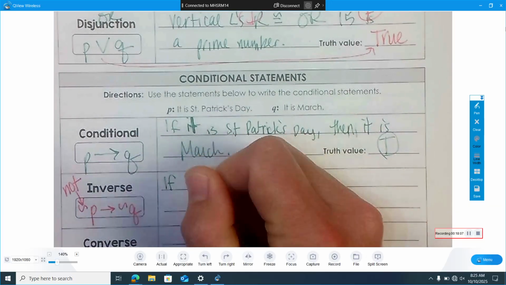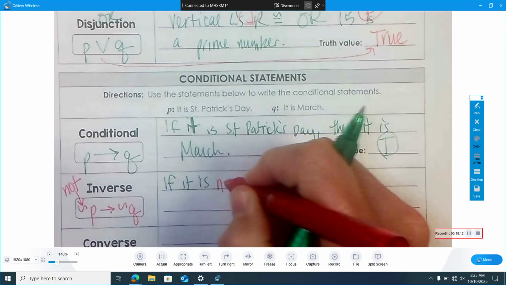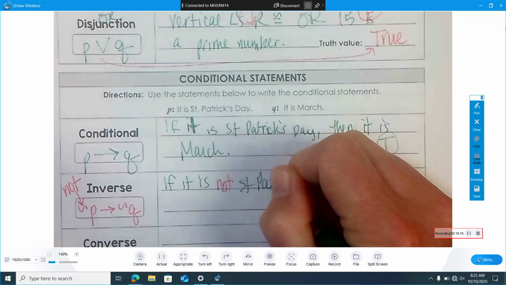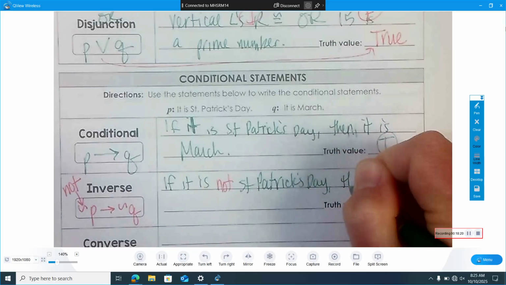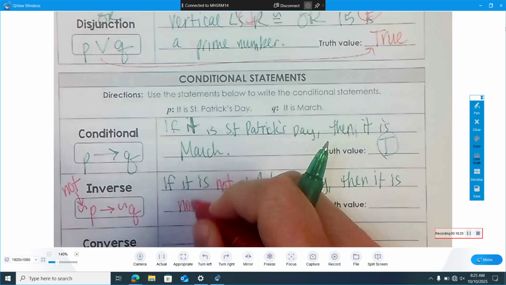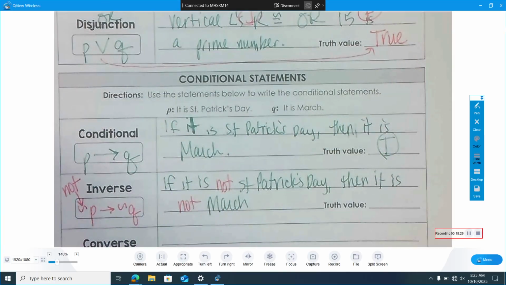Put in some nots. If it is not St. Patrick's Day, then it is not March. So all we had to do was insert some nots.